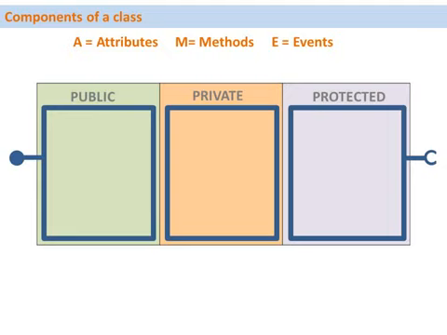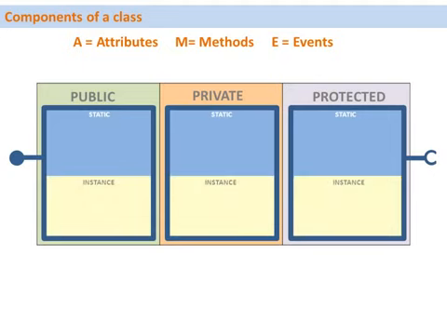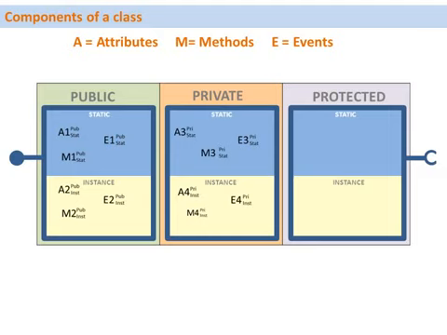Within each visibility section, it's possible to have the components of the class like attributes, methods, and events as static components or instance components. For example, we can have attributes, methods, and events as static within the public section, or we can have instance attributes, methods, and events within the public section. Similarly, we can have the components in private and protected section.